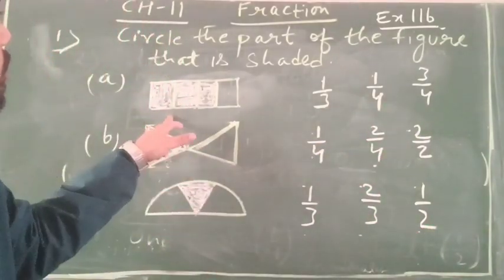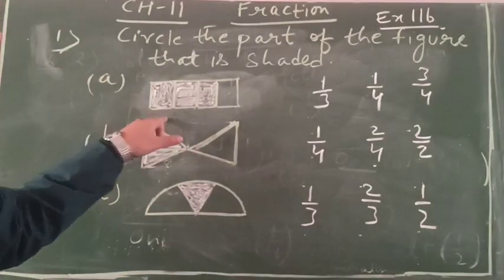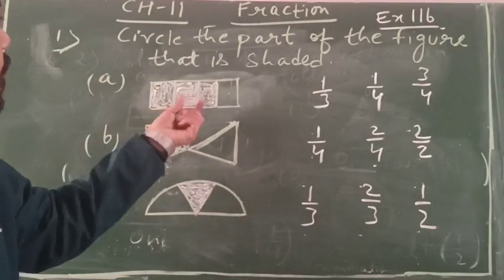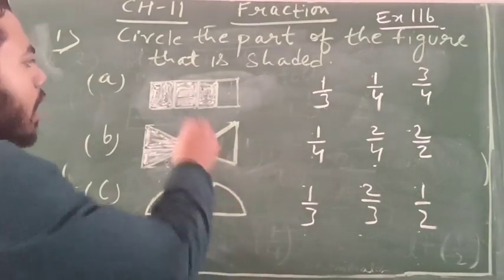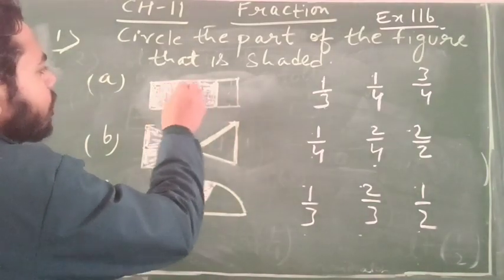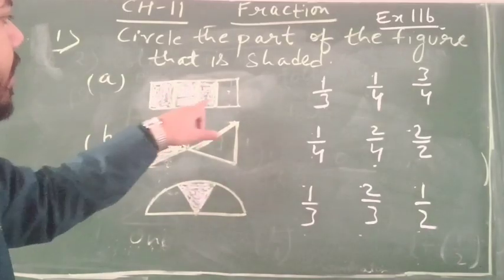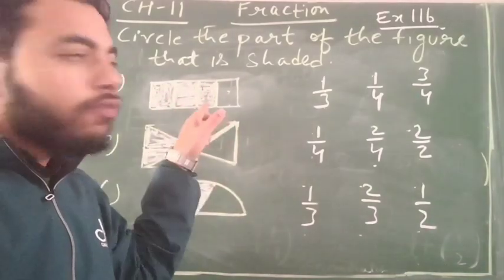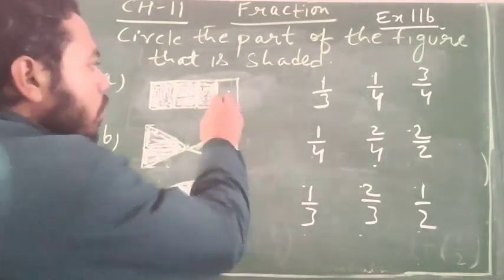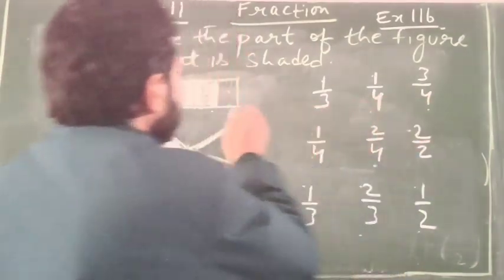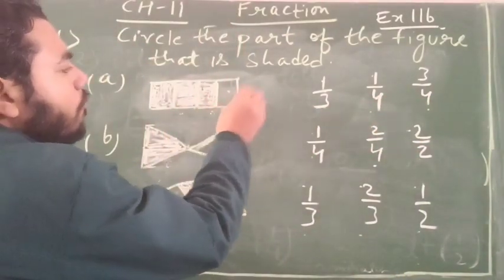Now we will talk about the first question A. That figure is out of 4. Here you see 1, 2, 3, 4. That rectangle is divided into 4 equal parts. So here the denominator is 4.